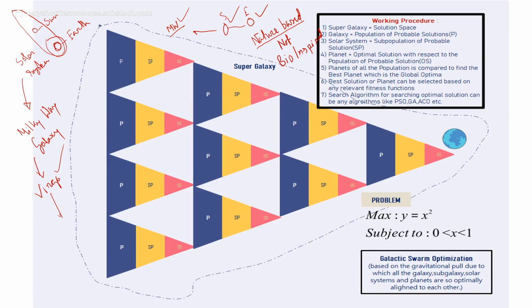So what it assumes is that the entire feasible region of the optimization problem, or the solution space from where we can expect to find the most optimal solution, can be compared with, or is analogous to, a super galaxy. Correct?